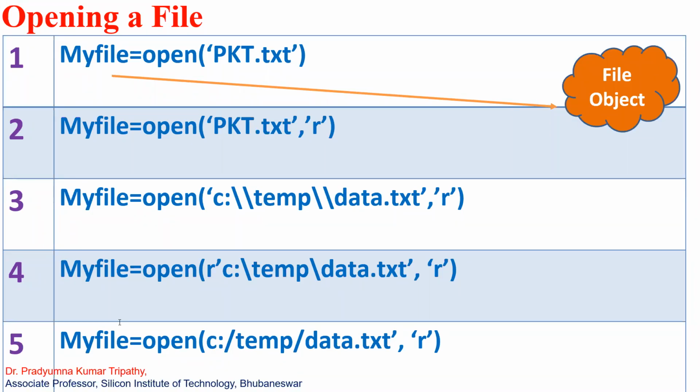So the 4 different ways. The another way, the simplest way most of the people use is, instead of writing double slash or R, I can simply use the forward slash. If I use the forward slash, that also is accepted in Python. So I may write forward slash over here, so that the file can be opened.